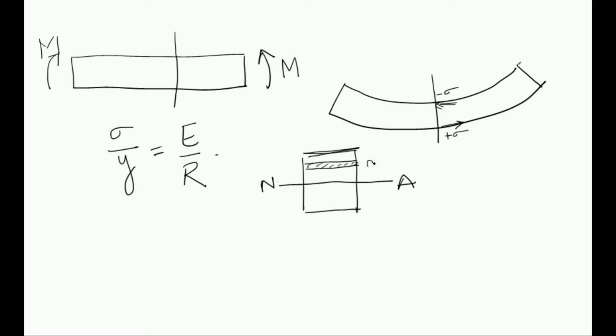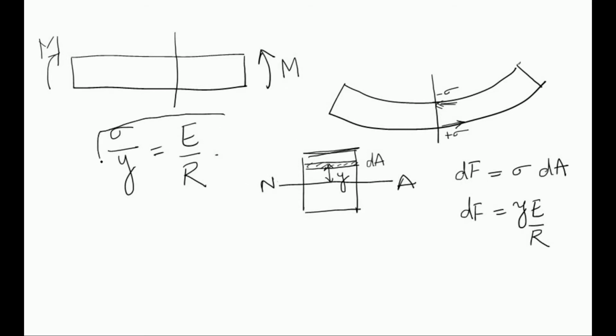Let's say the area is dA and the distance of this small element is y. As mentioned before, dF is now E y by R, which is sigma from this relationship, times dA.